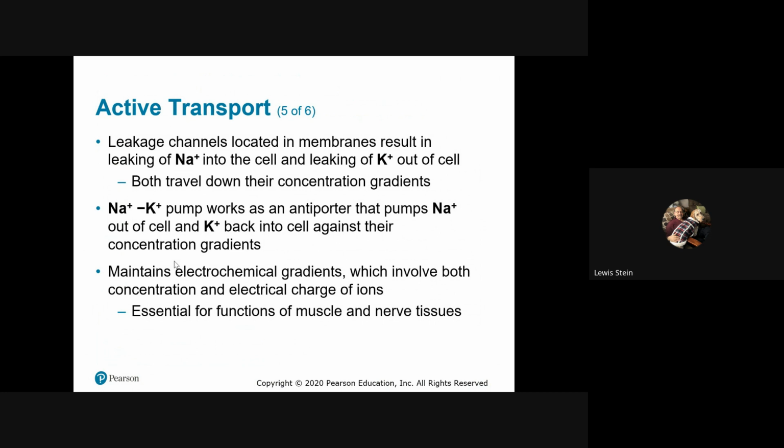We have openings called leak channels. They require no energy because there's always more sodium outside the cell and more potassium inside of the cell. And so there are constantly little bits of sodium leaking in, little bits of potassium leaking out. There's a lot more potassium, as you will see subsequently.